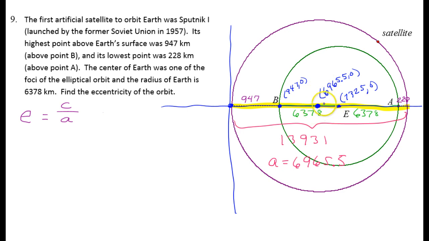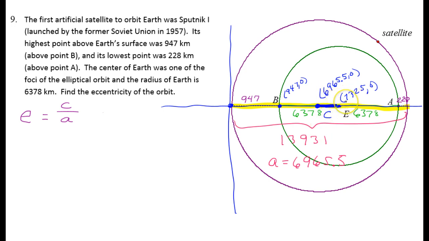So now we're ready. Now that we've lined these all up, we can say the distance from the center to the focus is the distance between these two right here. This is what we wanted. Boom. This little part, which I'm coloring in blue, is my C value. And for that C value, all I need to do is subtract.